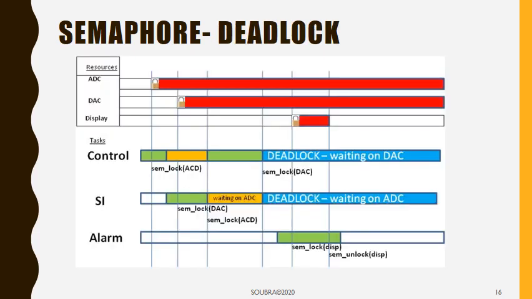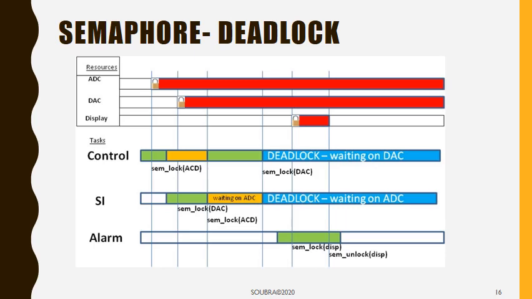Alright, so this is a more visually pleasant schematic of the execution, and we can see the different resources. The only task that is locking this one is the alarm. So here we can see, let's say the control starts first.